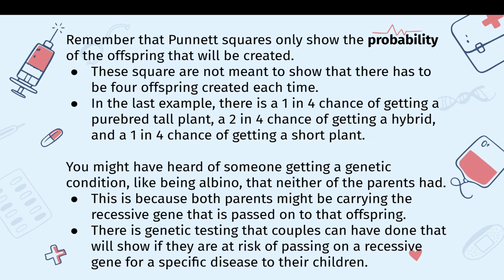Now, we can look at this as an example of how genes can actually be transferred in humans. There's a condition known where a person can be albino. An albino person has recessive genes that mean that they're not producing a lot of the pigments that other people will produce in their skin, in their eyes, in their hair.